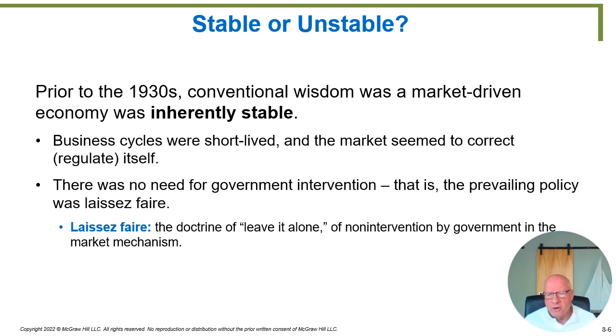Prior to the 1930s, the conventional wisdom, because that's the experience, the conventional wisdom grew from actual practical experience, was that market-driven economies were inherently stable. Whenever a business cycle happened where you went from a growth phase to a recession phase, that recession phase was relatively short run. It would recover pretty much on its own with no government intervention whatsoever.